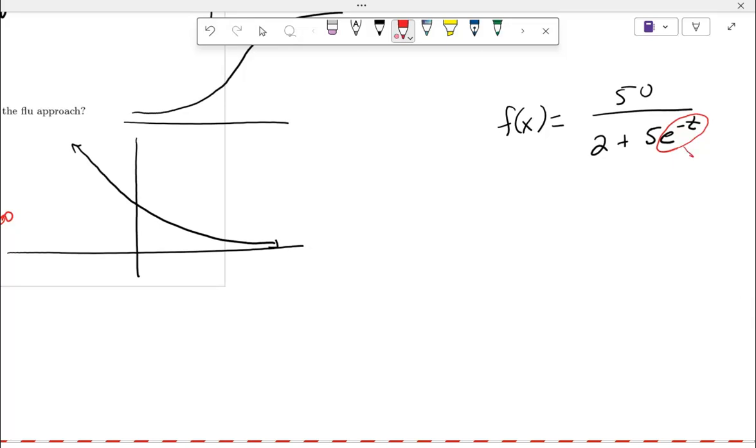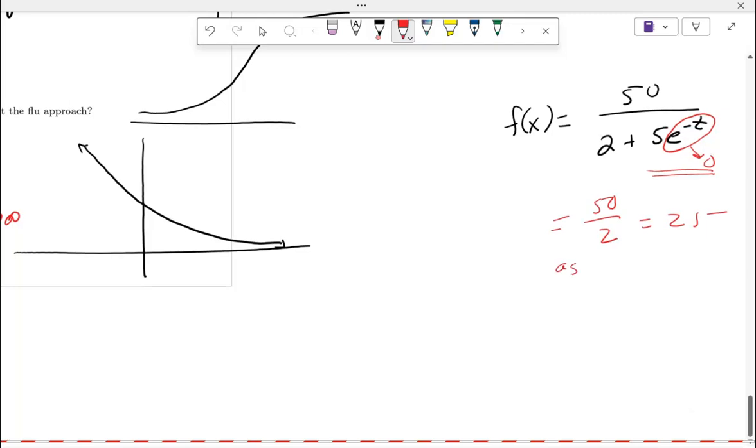This will still go to 0, which means this whole chunk will go to 0, and then you add 2. So what's it going to get close to? 25. Good, yeah, exactly. So this will be 50 over 2, so you'll get 25. This will go to 25 as x goes to infinity.